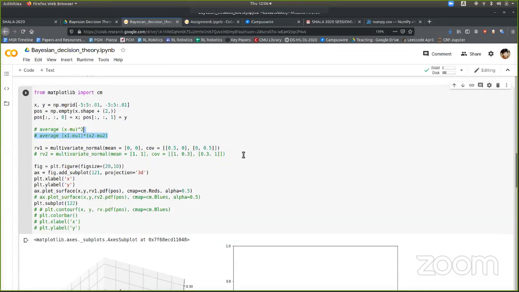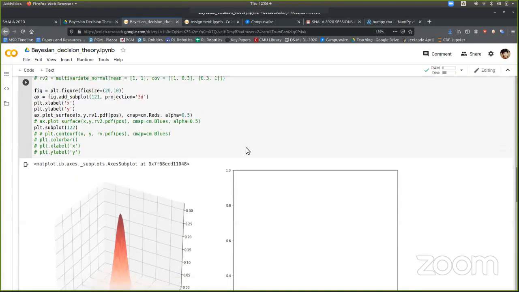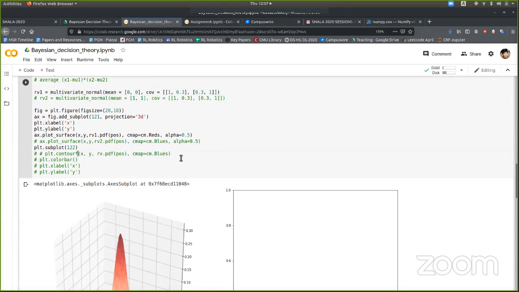This independent and non-independent case can also be seen from the plots. Let's say I put in some non-zero values over here. I should turn on the contour plot.